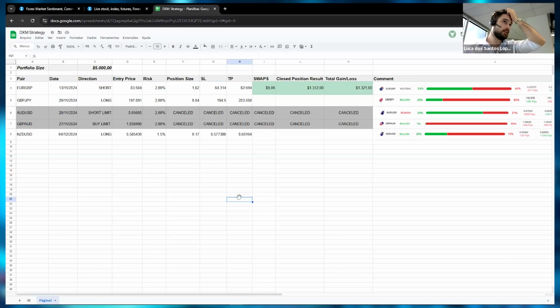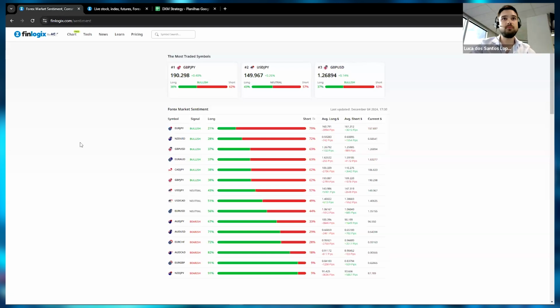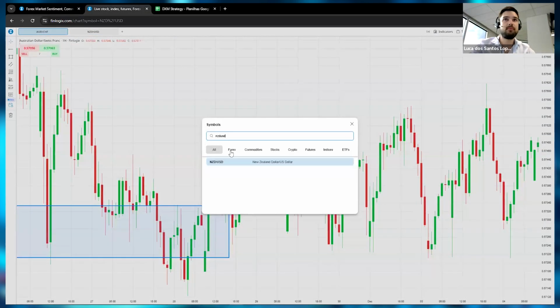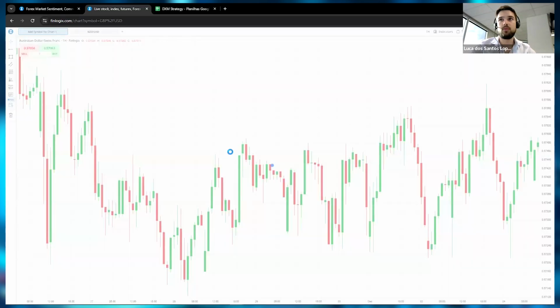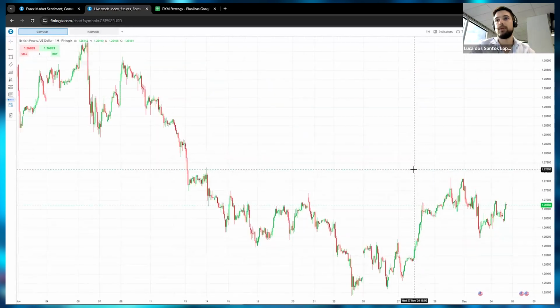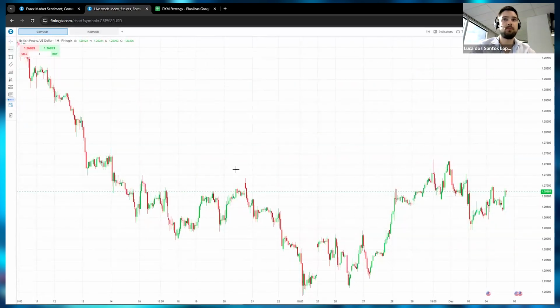Okay, let's have a look at more trades. So GBPUSD bullish. Ooh, okay. Let's have a look at this one. Well, it broke to the top here.